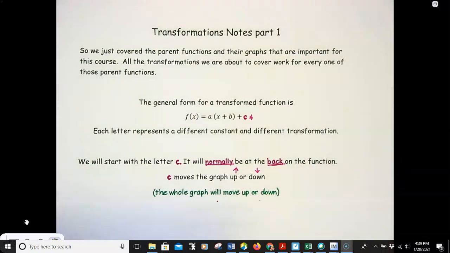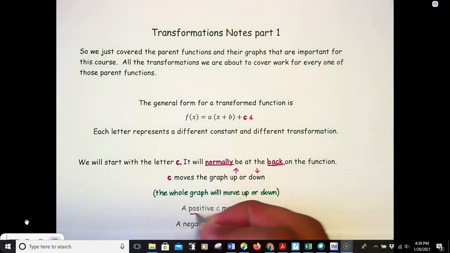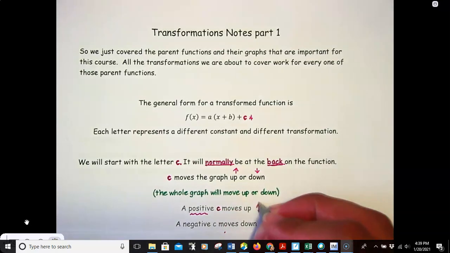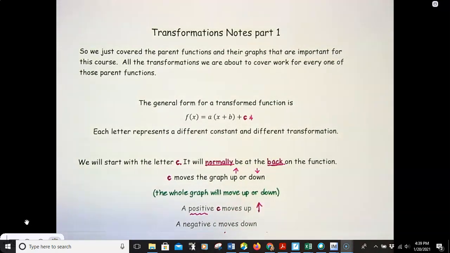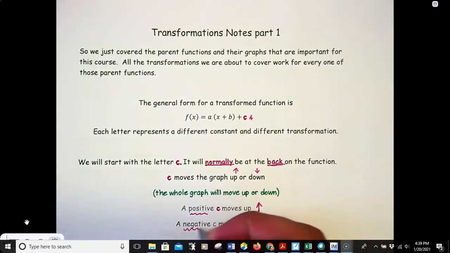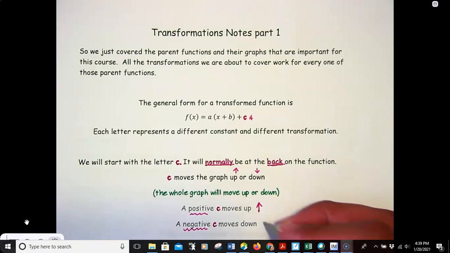All right, let's find out what we do for up and down. If C is positive, so we have a positive C, it moves up. If we have a negative C, the whole thing moves down. Every point just moves down.